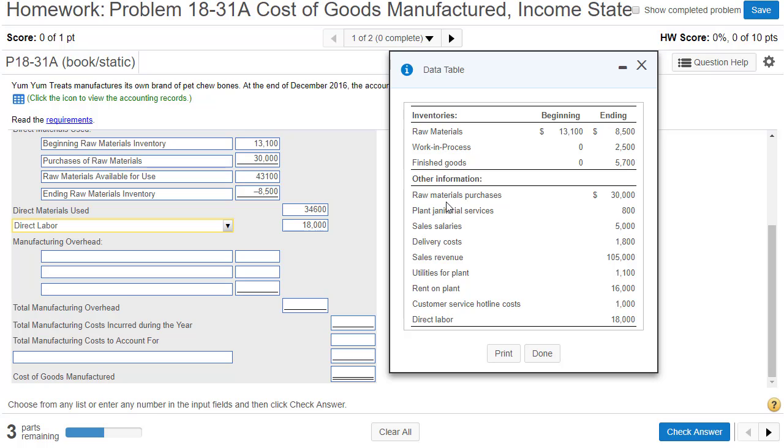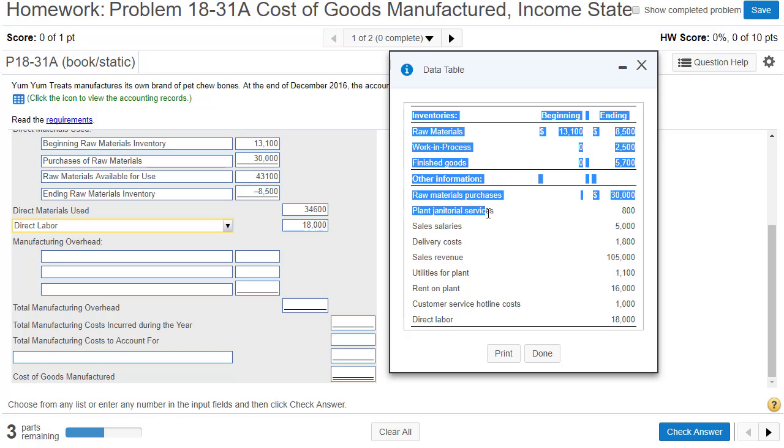So we're going to look over here, and which ones of these are manufacturing overhead. Now remember, manufacturing overhead, those are costs that have to be related to the product, related to making the product. So sales has nothing to do with making the product. So that is not manufacturing overhead. So again, to be manufacturing overhead, it has to be related to the product, and it cannot be directly traced to certain products. So in other words, it's not the raw materials and it's not the direct labor. So we've got plant janitorial services.